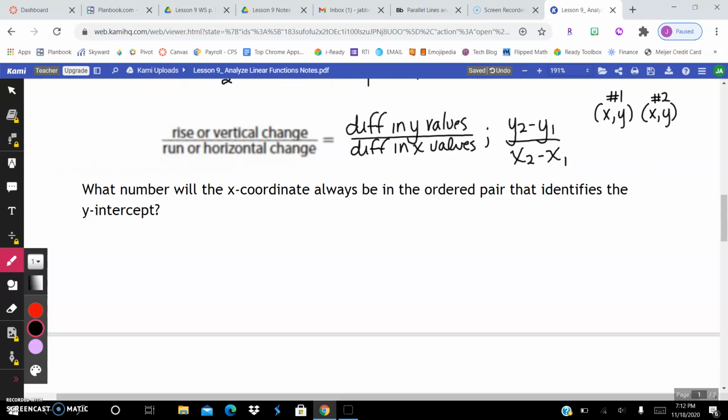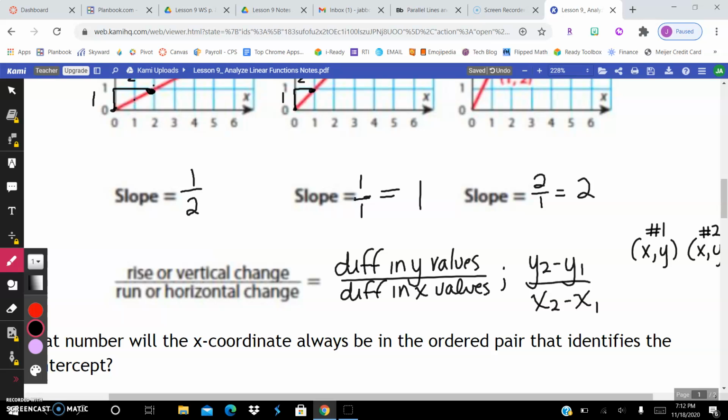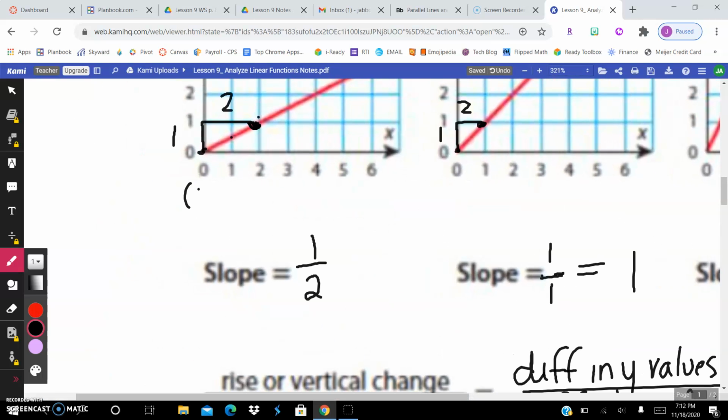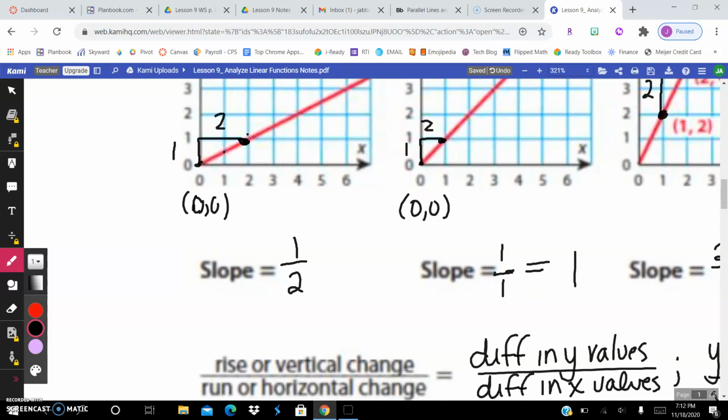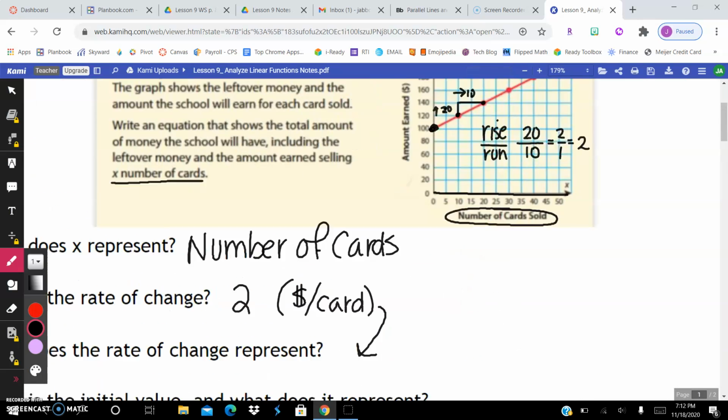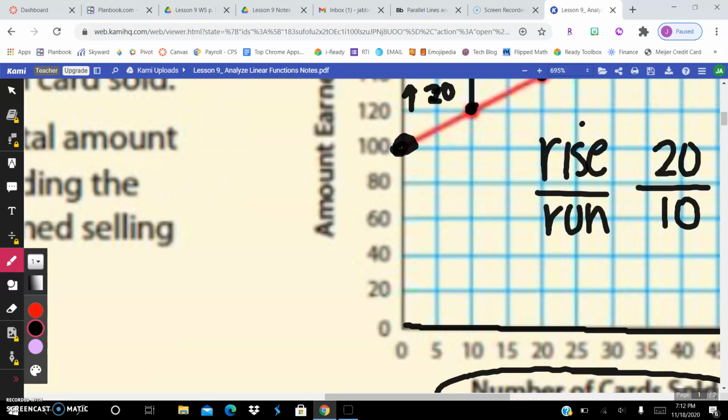But first, there's one more question. It says, what number will the x-coordinate always be in the ordered pair that identifies the y-intercept? So if I go back over here and look, the y-intercept here is 0, 0. The y-intercept here is 0, 0, and the same with that third one. But let's go back up and look at this graph. This y-intercept is at the ordered pair of 0, 100.